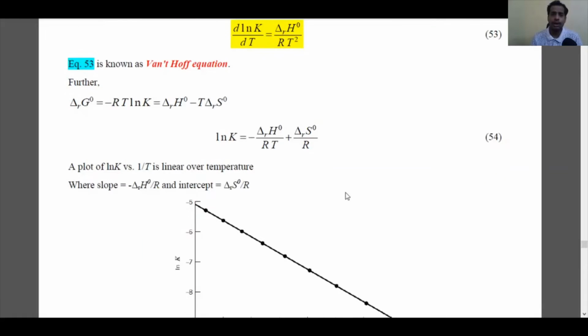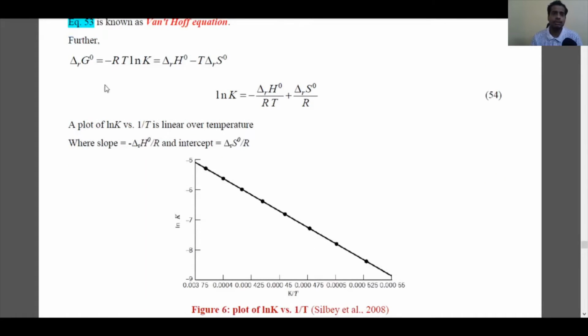To draw a graph, we can say that the reaction Gibbs energy at standard state is equal to minus RT ln K, which is further equal to ΔrH0 minus TΔrS0.